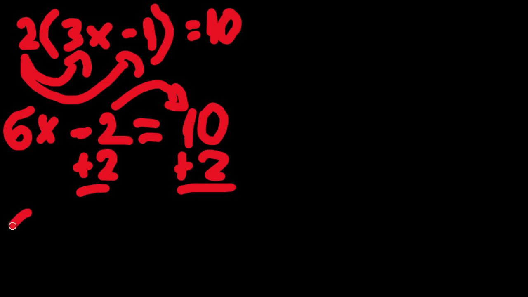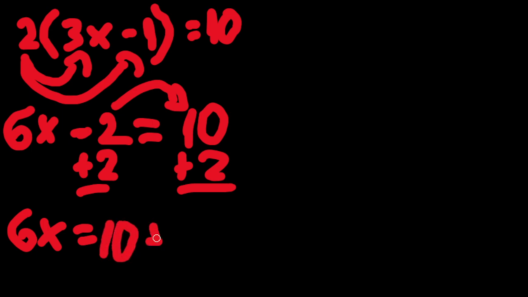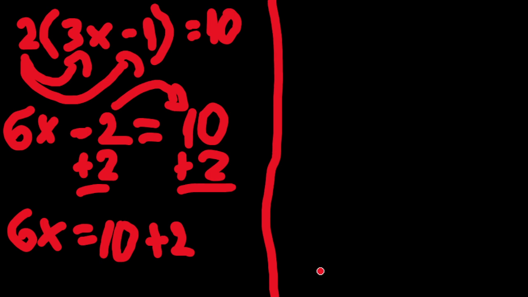So we're going to have 6x, minus 2 plus 2 makes 0. What is next? We have equals 10 plus 2. Let me separate a little bit. Okay, so next 6x equals 10 plus 2 makes 12.